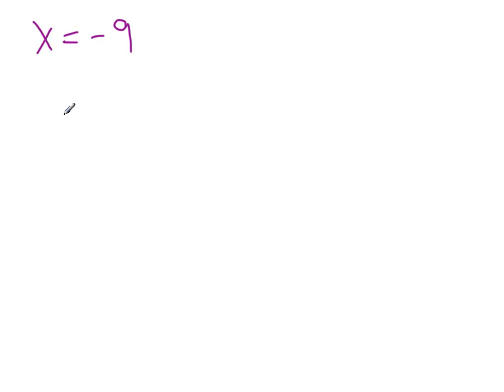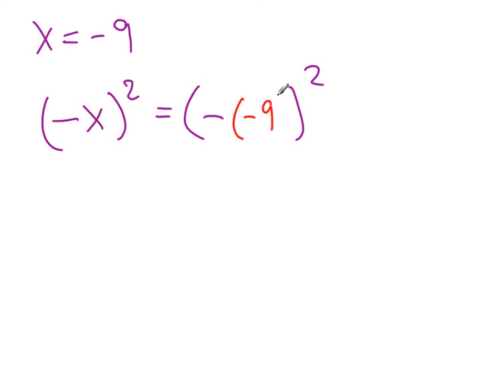So we have first (-x)². So when we plug this in, we have (-x)². X is negative 9, so it looks really ugly. Now we have to simplify inside these parentheses a little bit first. We have a negative times a negative, which is a positive. Two negatives make a positive.